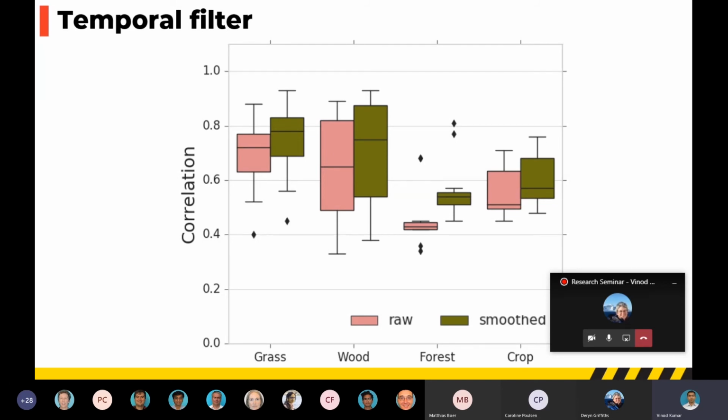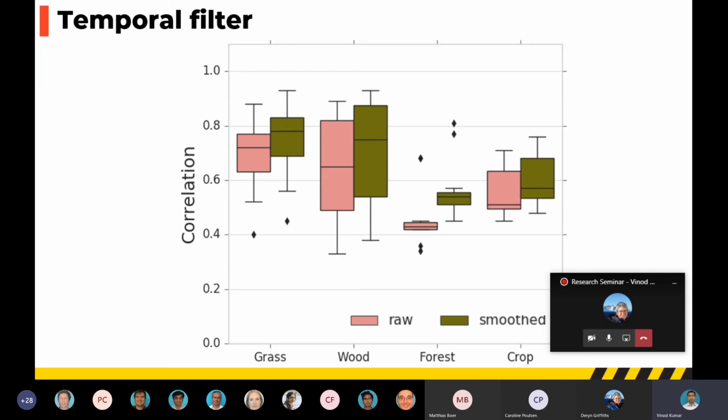Such temporal filters have been successfully applied in various studies, especially in estimating root zone soil moisture from remotely sensed satellite measurements. So if you apply a temporal filter, you can actually improve the correlations.